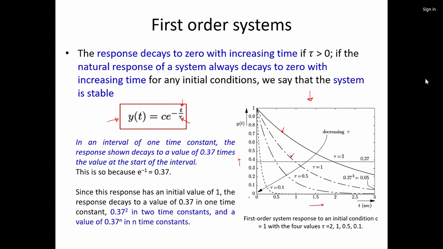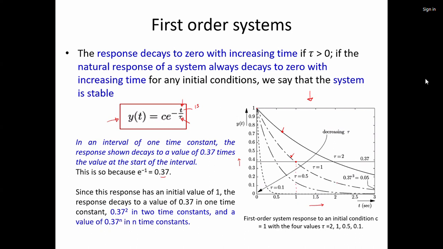You can see that when tau equal to 1 and t equal to 1 second, the output will basically be e to the power minus 1, that is 0.37. So when time t equal to 1 second, for tau equal to 1, the output has reduced from 1 to 0.37.